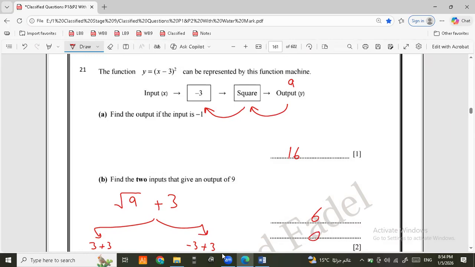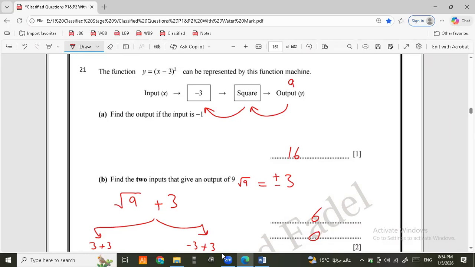So let's try it. The tricky part is remembering that square root of 9 is equal to positive or negative 3, because 3 squared is 9. Negative 3 squared is also 9. So that's why I put here, it could be 3 plus 3 or negative 3 plus 3.